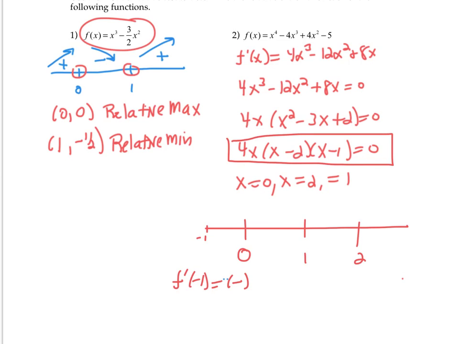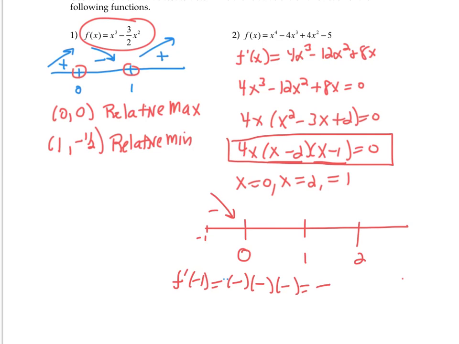Don't worry about actually finding a number at the end. We're only concerned about the signs. If I put negative 1 in the next set of parentheses, negative 1 minus 2 would make it a negative. And then finally, the last set of parentheses, negative 1 minus 1 would be negative 2. So we'd be multiplying 3 negatives together, and the end result would be a negative. Okay, so that tells me on this interval the function is decreasing.